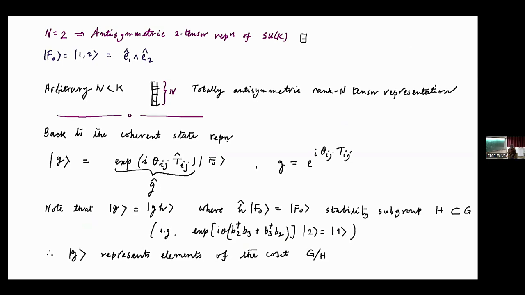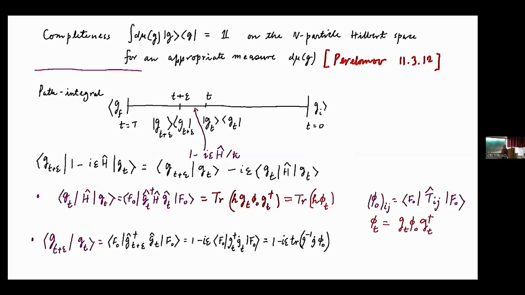That's called the stability subgroup of such elements, some H. And so the state G represents actually elements of the coset G mod H. There's a completeness relation which you can read off from this beautiful book of Perelomov, equation number such and such, for an appropriate measure on the n-particle Hilbert space.